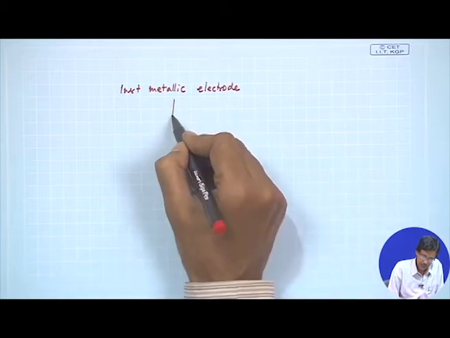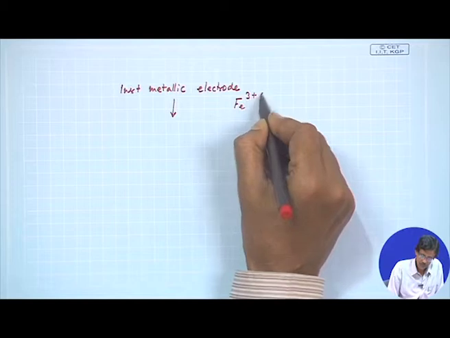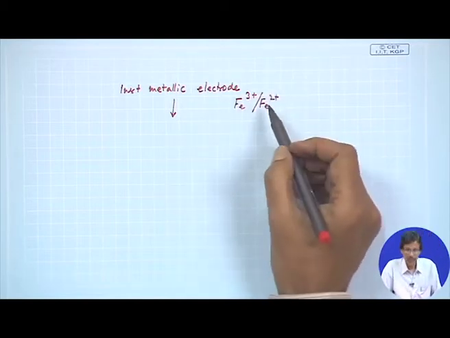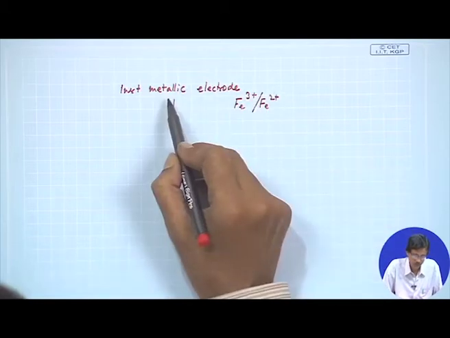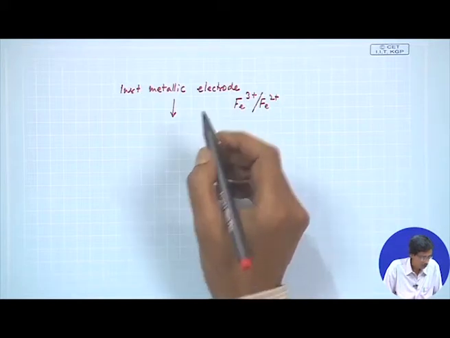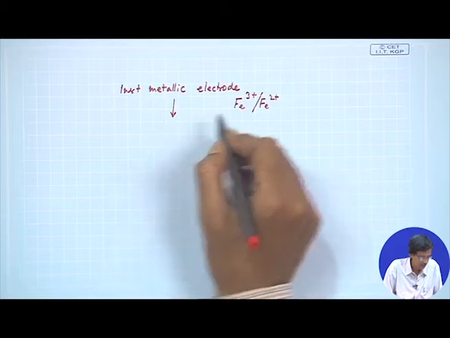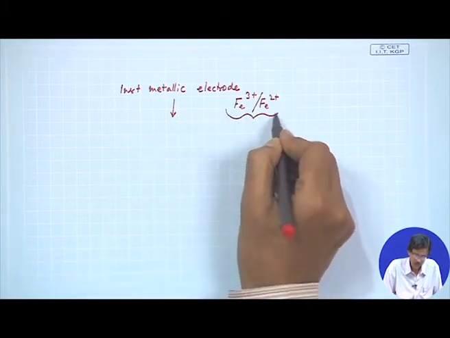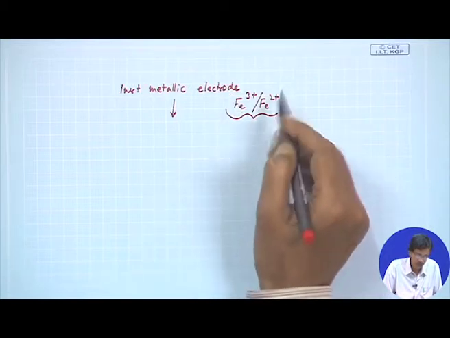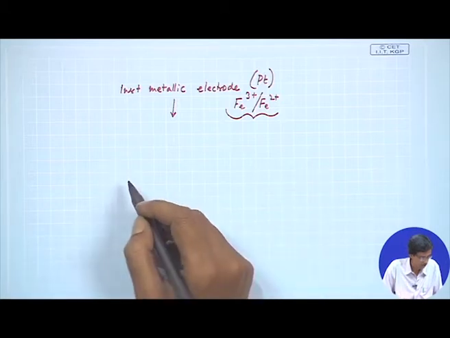The solutions of the ferric ion or the ferrous ion should not react with this inert metallic electrode. The potential can be measured with the electrode immersed in a solution containing both these ionic species. We all know that the inert metallic electrode can be a platinum electrode.